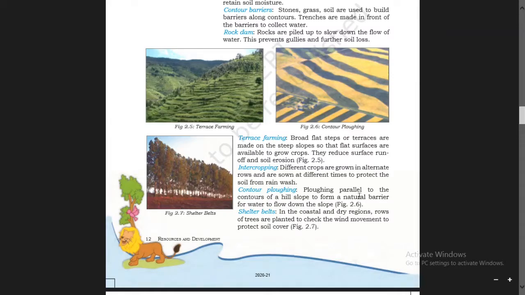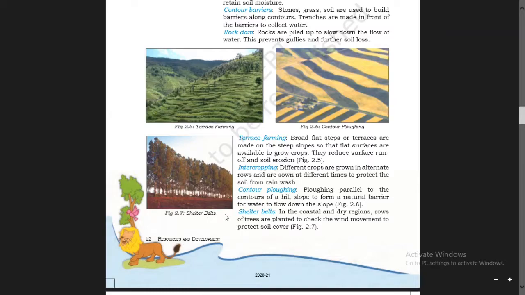In the coastal and dry regions, rows of trees are planted to check the wind movement to protect soil cover. See, in the dry regions, say our western part of India, rows of trees are planted. So the shelter belts picture has been given in figure 2.7.